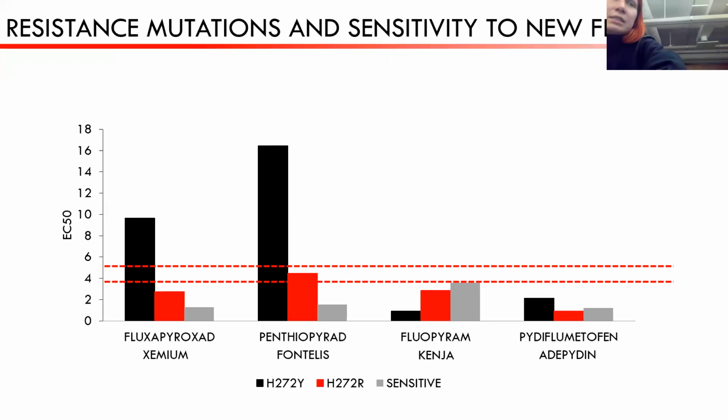In order to answer this question, we performed fruit assays. We took raspberry fruit, treated the fruit with each of these different chemicals, and then inoculated this fruit with Botrytis strains that carried either the Y or R mutation with different EC50 values, in order to see at what point the fungicide will not be able to control Botrytis anymore.